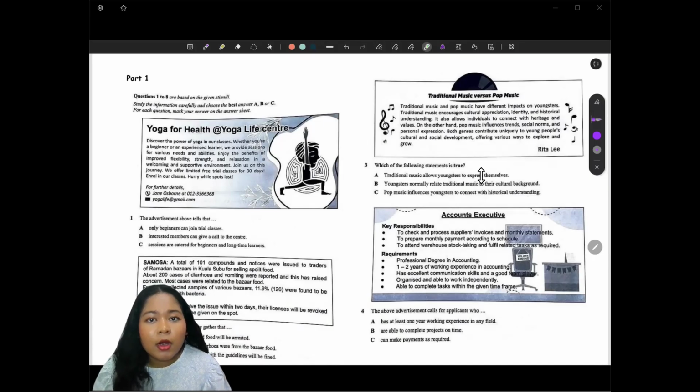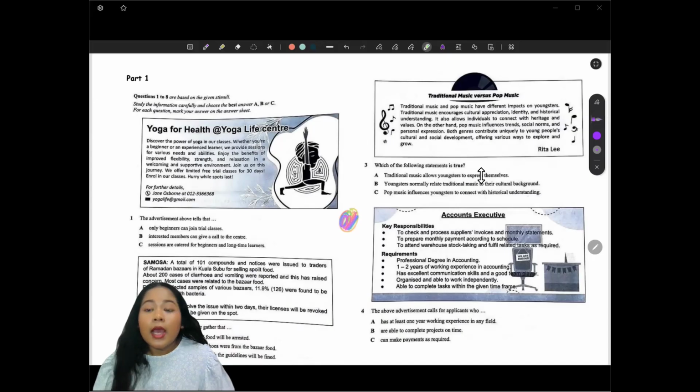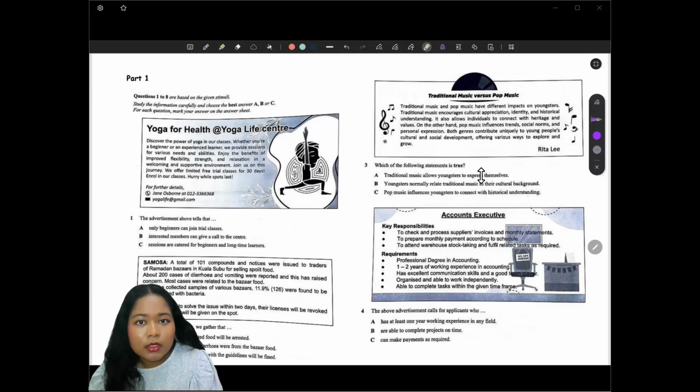For the OMR paper, you'll be given options A, B, C, and D, and you have to blacken them. For example, here A, and you blacken it like this. However, please remember that you must use only 2B pencils, not mechanical pencils.